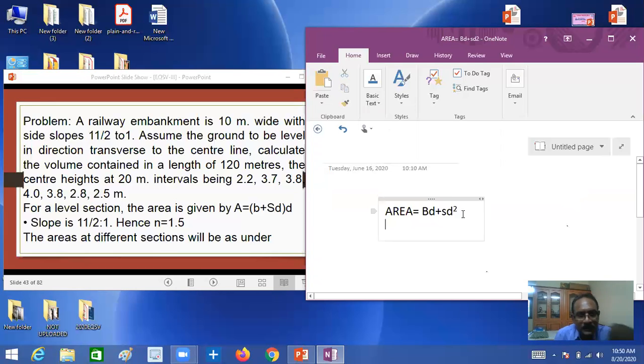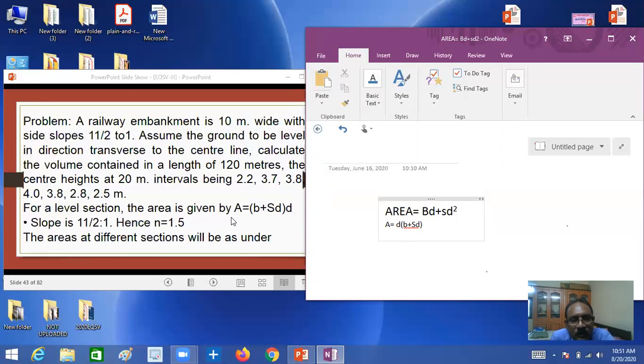Now you can write A equal to, taking small d as common, d times (B plus S D). This is the formula for the area of the section.